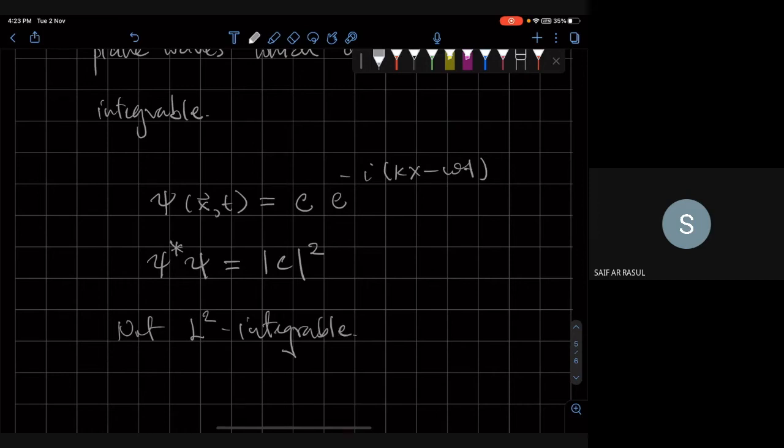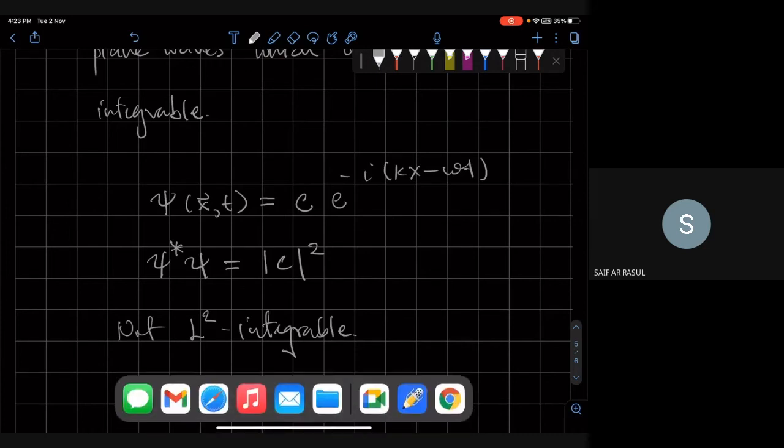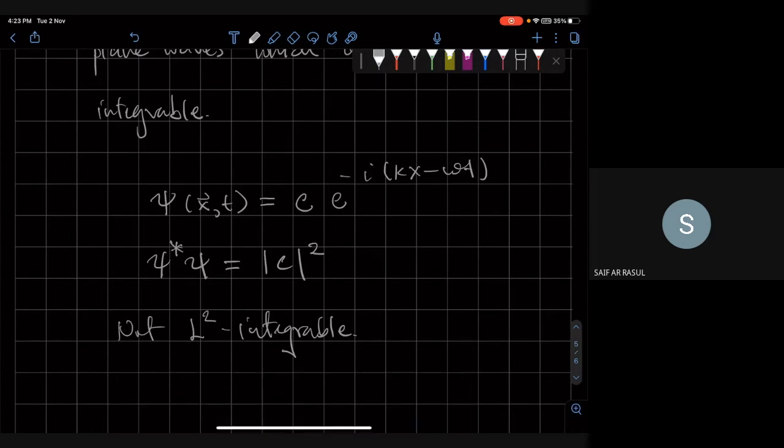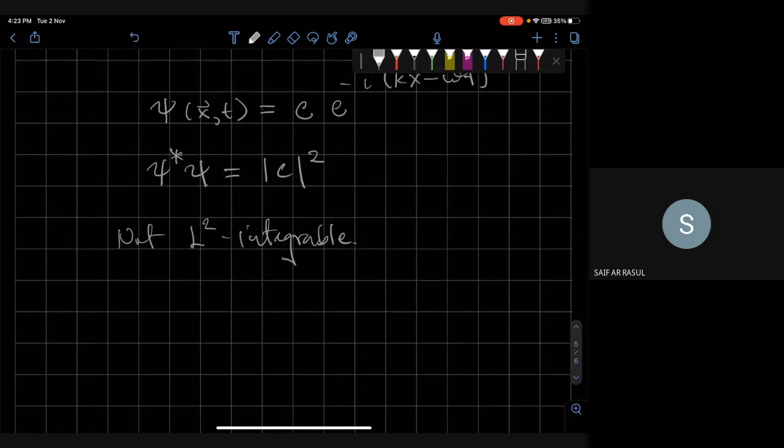Because if I integrate a constant over all space, we are going to get an infinite number. However, it still has an interpretation.